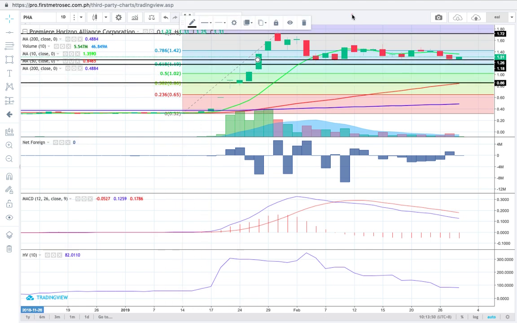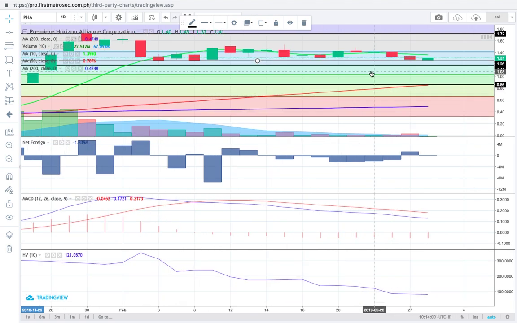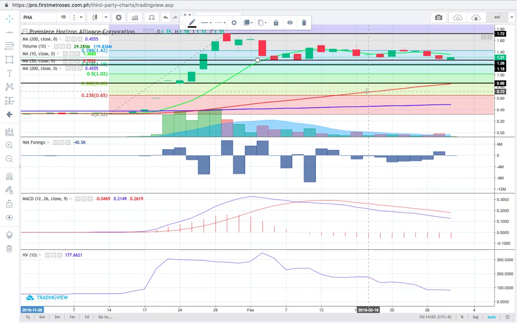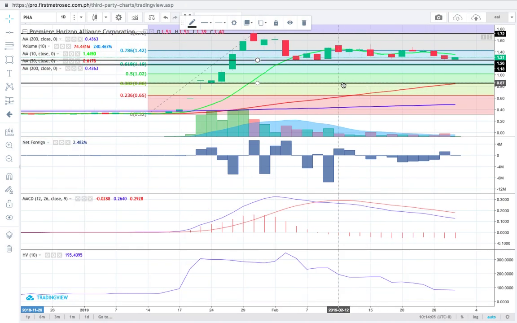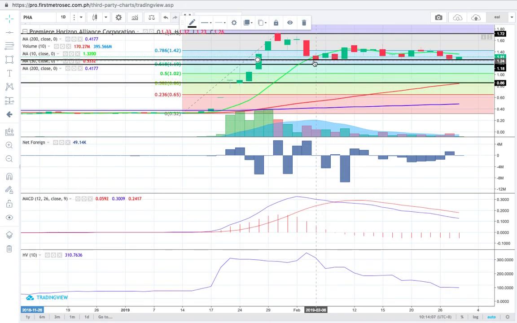Okay, based on the Fibonacci retracement that I plotted here, I just drew a line here at 120. This was at 126, because that can be considered as a historical support as well, because it managed to stay above 1.26 back then, or 1.24, 1.23 to 1.24 here.